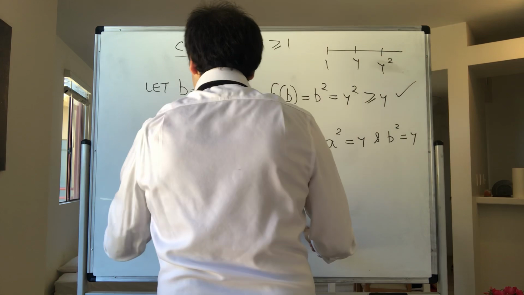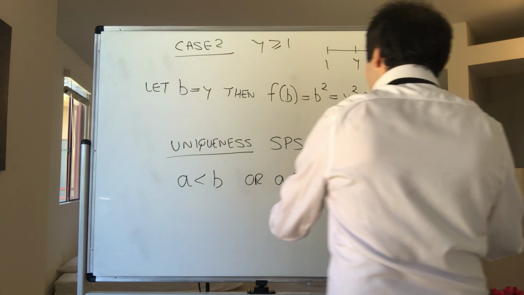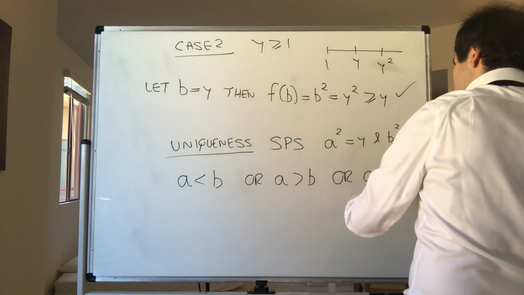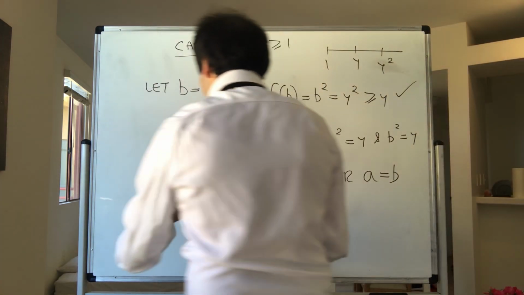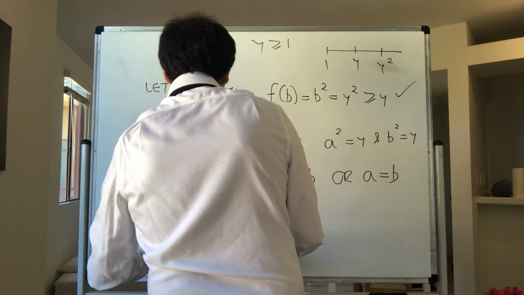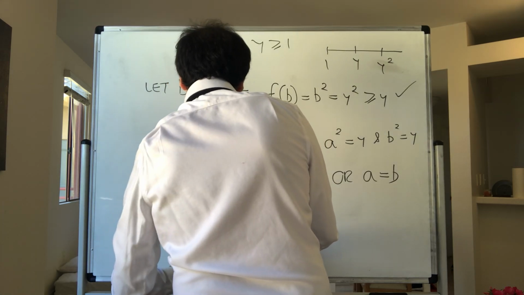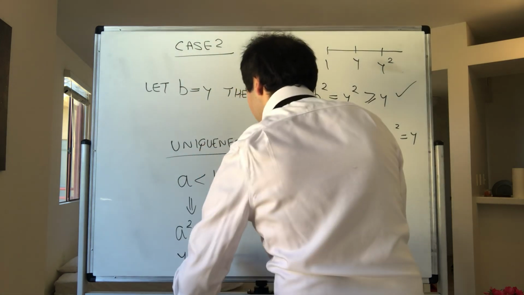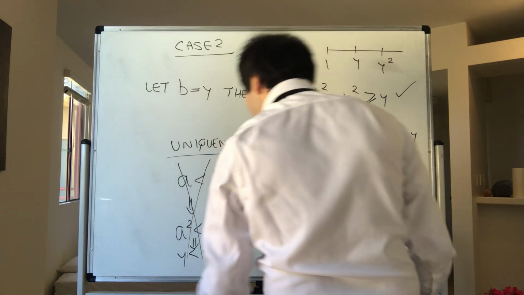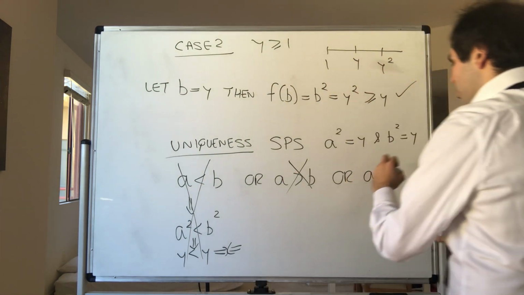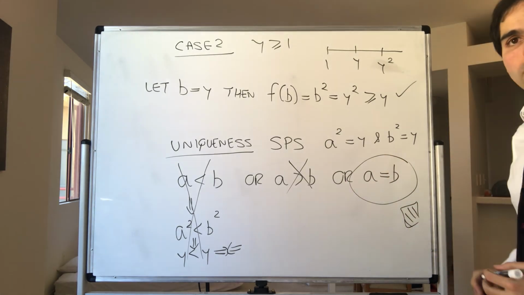Either a is less than b, or a is greater than b, or what we want, a equals b. But here's the thing, if a and b are non-negative, then a squared is less than b squared, but then a squared is y, and b squared is y, and we get y is less than y. So that case does not work, and similarly, this case does not work, therefore we need to have a equals b, and our uniqueness part is proven as well.